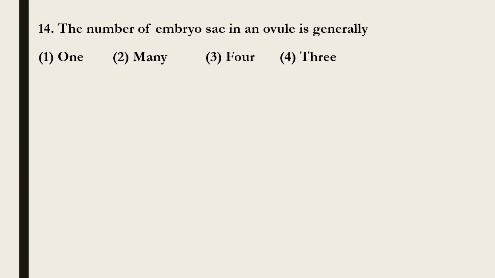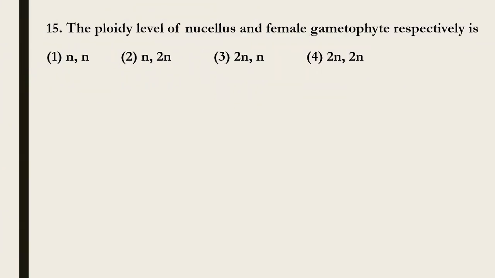Question number 14. The number of embryo sacs in an ovule is generally, so this is a direct answer, one. The ovule consists of only one embryo sac. So option 1 is correct. Question number 15.